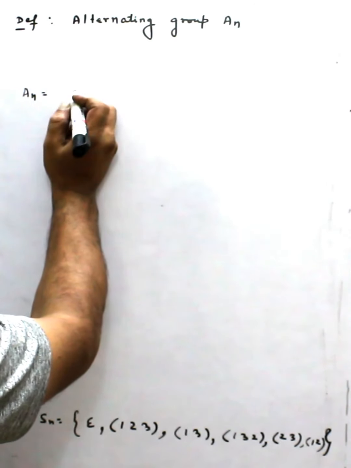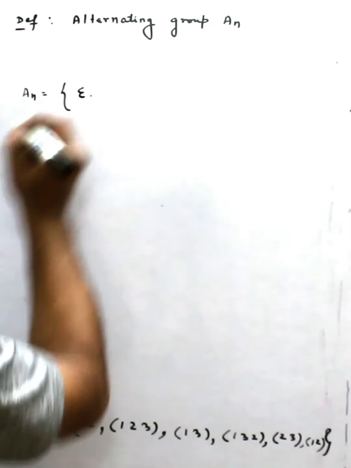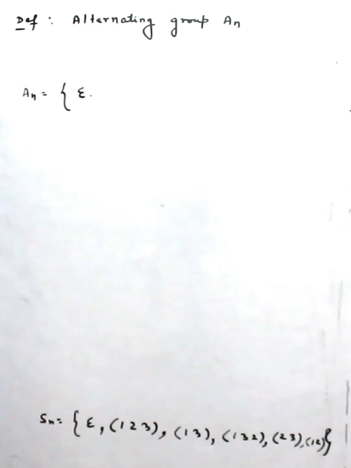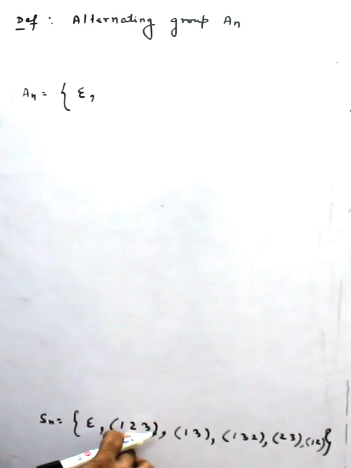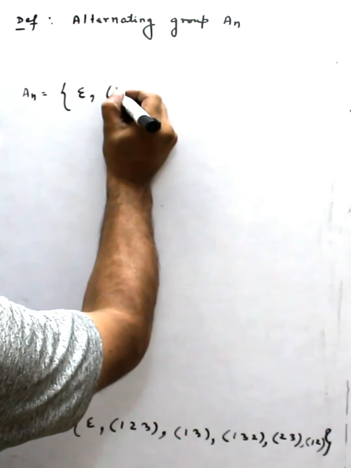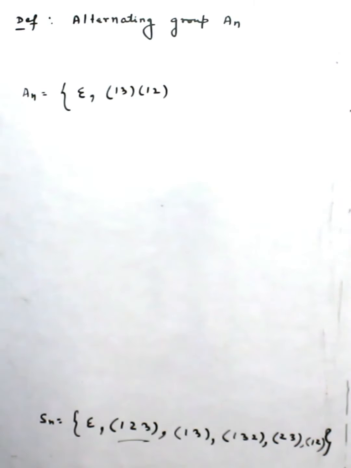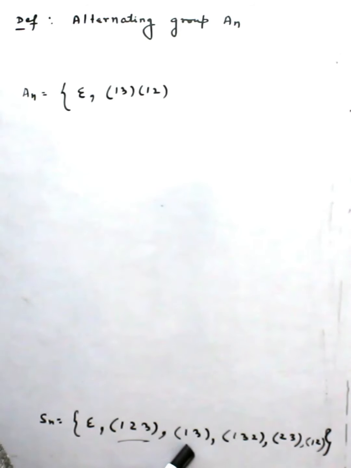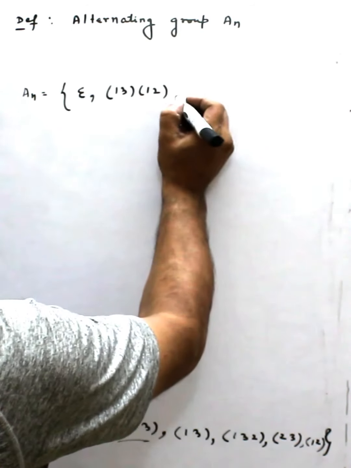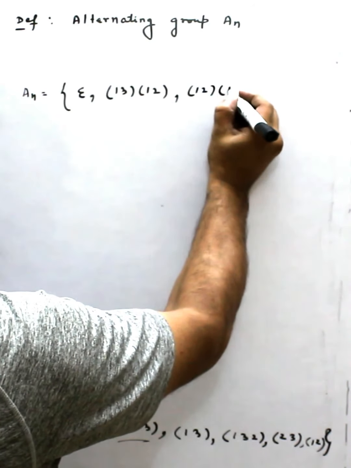An is identity, already we proved a theorem, identity is an even permutation, and the other elements are 1 3 1 2. That means this cycle, if I break it into transpositions, becomes like this. So it is even because it is a product of two transpositions. This is odd, this is also even. That means this is 1 2, 1 3.